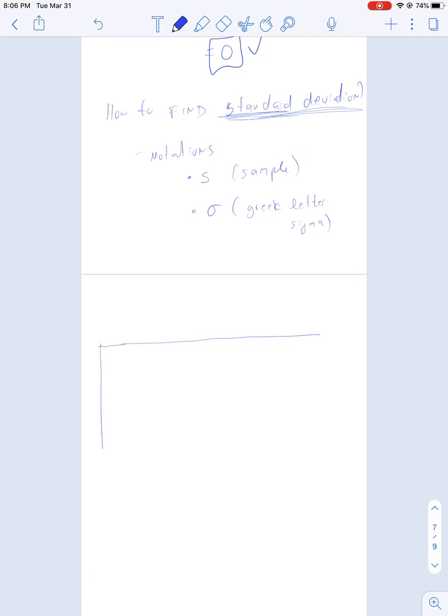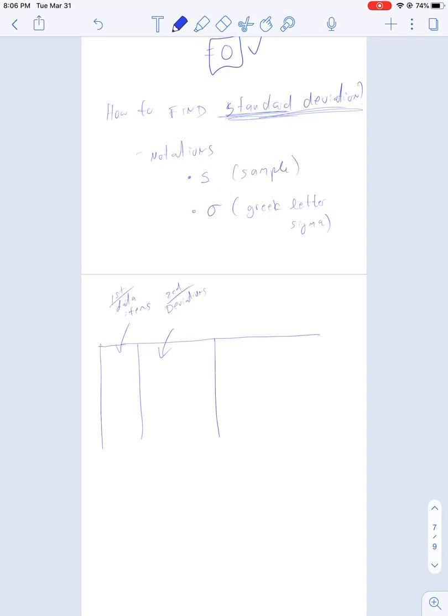Our first column will be just our data items. Second will be your deviations, and that was what we just did.